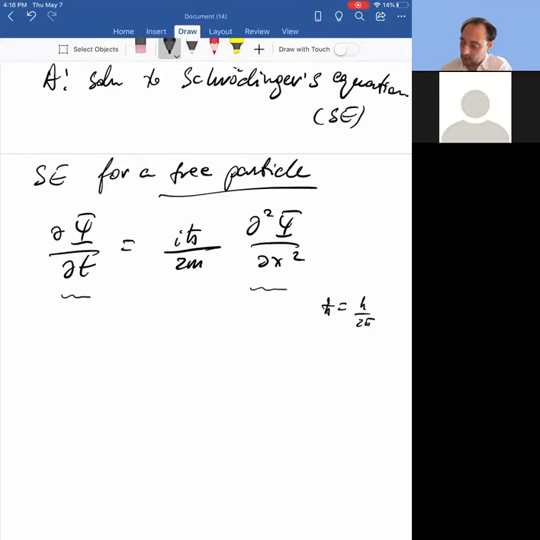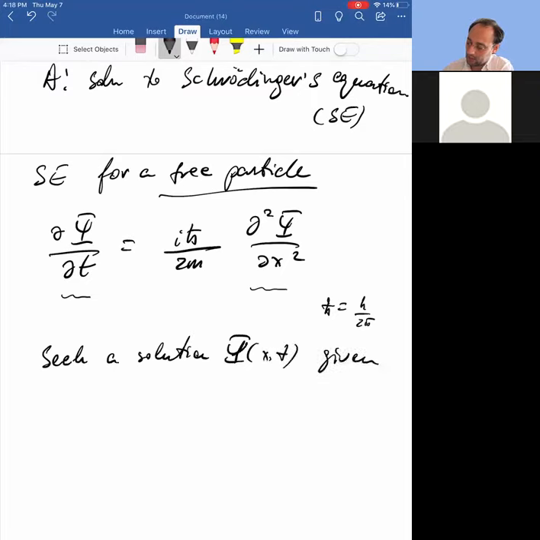What we seek is a solution psi of x and t given an initial psi of x at t equals 0. That's the standard philosophy, right? The initial psi might be a very localized peak.